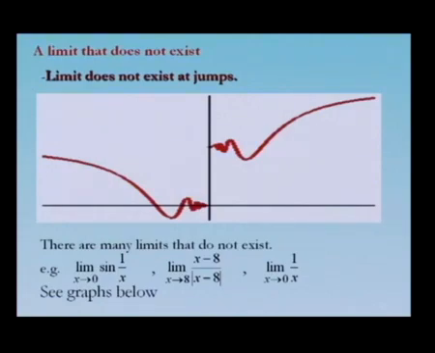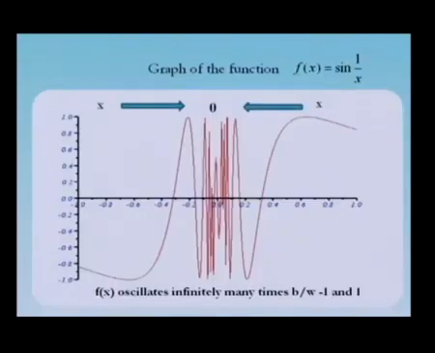Now let's consider some more functions where the limits do not exist. For example, limit x tends to 0, sin 1 upon x; limit x tends to 8, (x minus 8) upon mod (x minus 8); and limit x tends to 0, 1 upon x. So let us see the graphs of these functions. This is the graph of the function f(x) equals sin 1 upon x.